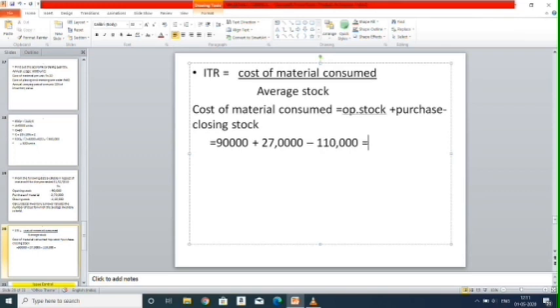That's equal to 2,50,000. Our cost of material consumed is equal to 2,50,000.